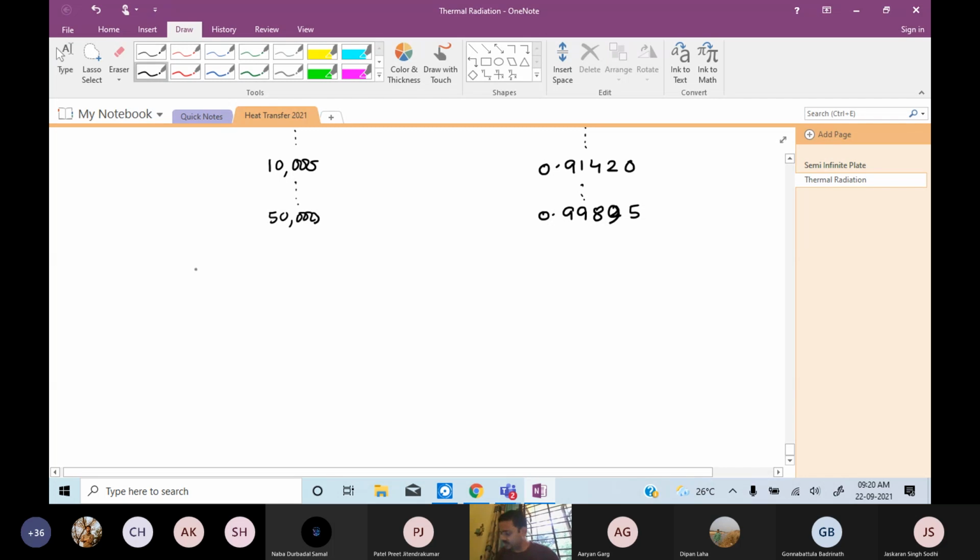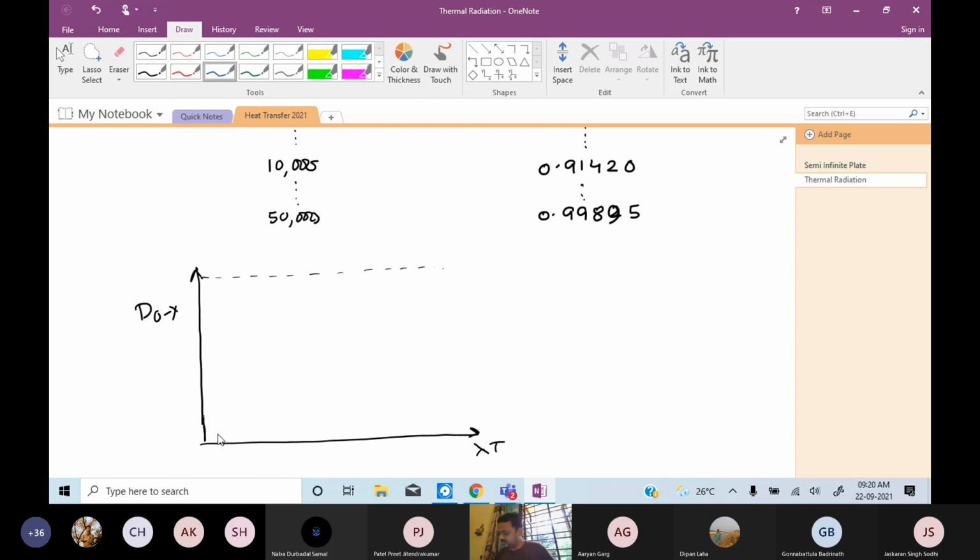If I now plot these values, D 0 to lambda can never exceed 1, and this is lambda T. The nature of the curve is something like this. At 0 it is 0, definitely.